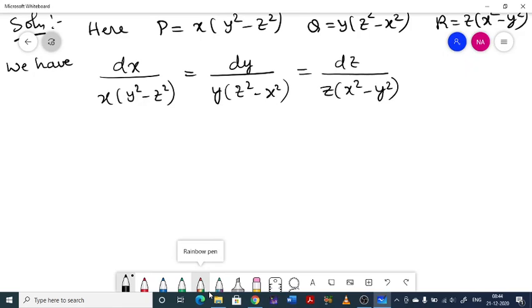Now I can check that if these terms are removed, x, y and z, then y square minus z square plus z square minus x square plus x square minus y square is 0. So choose multipliers.